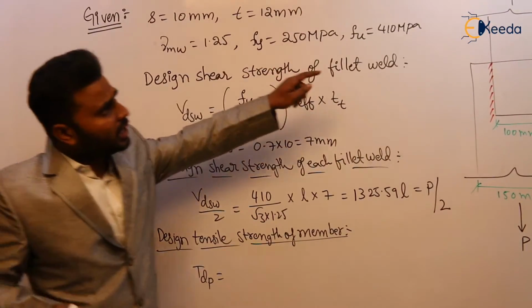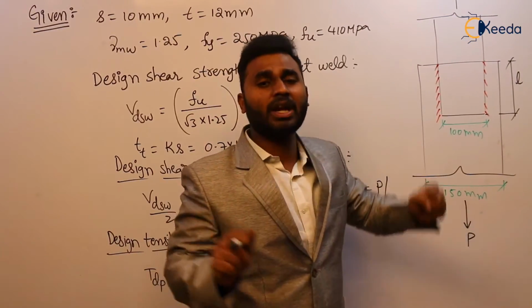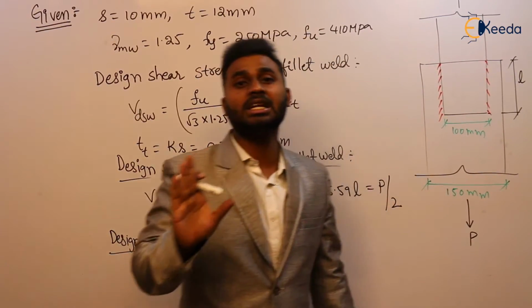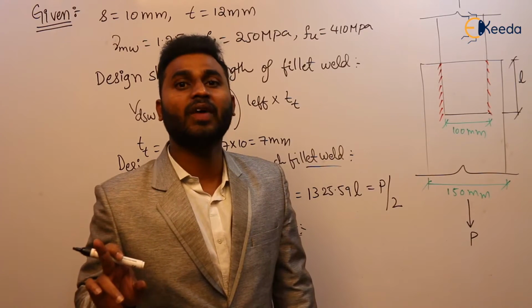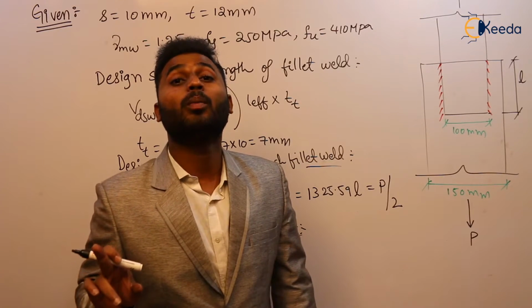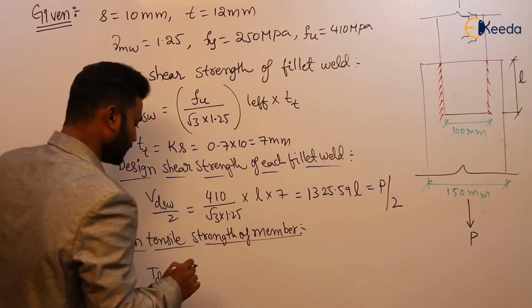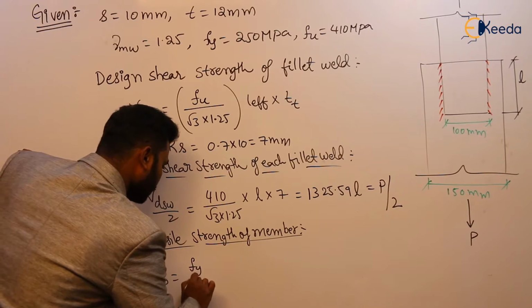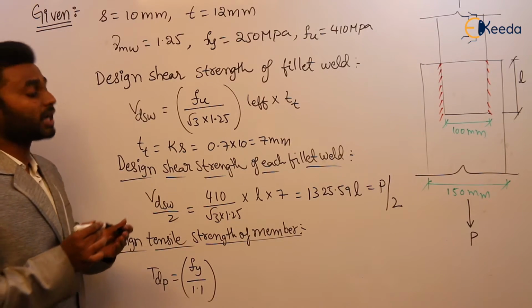From here to here, there are chances for that member to yield. Whenever the structural steel is yielding, we have to use the stress Fy, the yield stress, and the factor of safety used is 1.1. This we discussed in the beginning only. Clear? So Fy by 1.1, and what is the area that is undergoing tension?